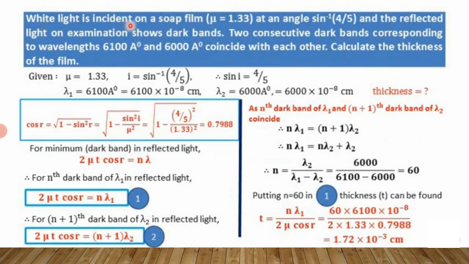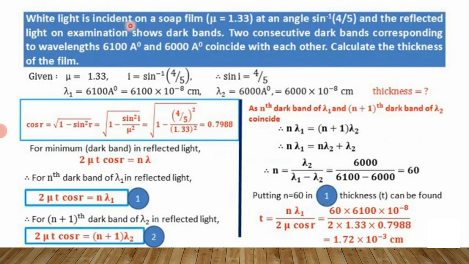For the minimum condition, 2 mu t cos of r is equal to n lambda. Then for the nth dark band of lambda 1 in reflected light, 2 mu t cos of r is equal to n lambda 1. For the (n plus 1)th dark band, n is replaced by n plus 1, so 2 mu t cos of r is equal to (n plus 1) lambda 2.